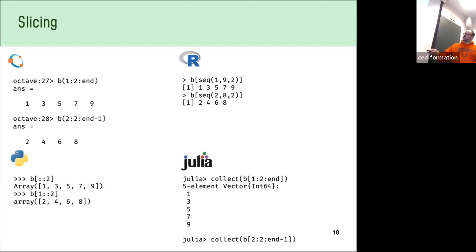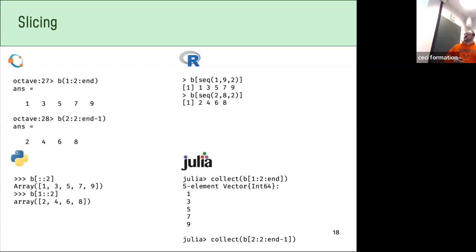This is how you write it in Python. Again, you use colons, but they are used in a bit different way. But in the end, you do the same thing. In R, you need to use the seq command to create a sequence and use it to slice the other sequence.